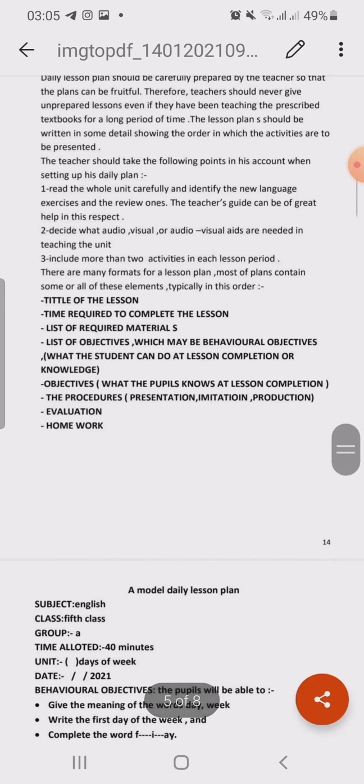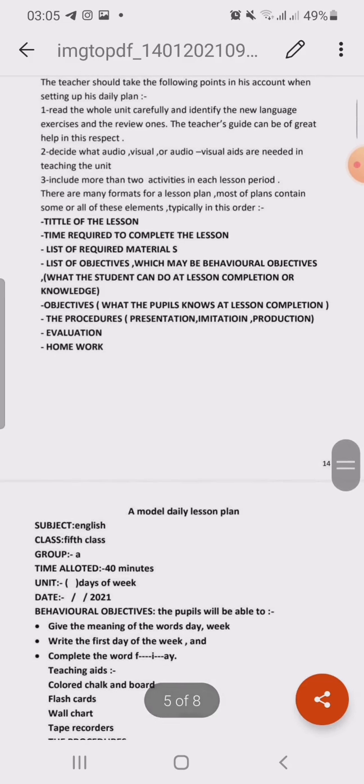The teacher should take the following points into account when setting up his daily plan. Number 1.